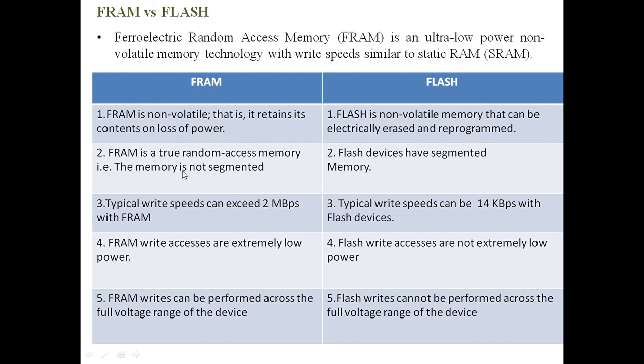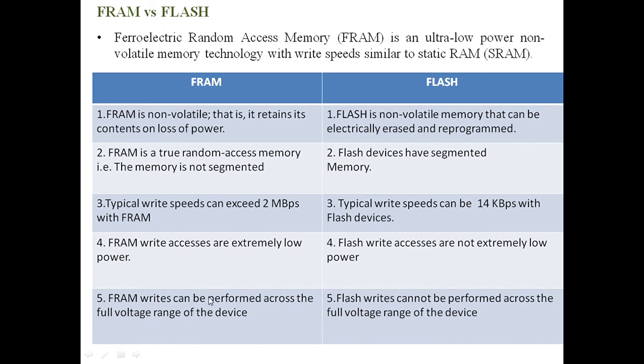Memory is not segmented in the FRAM, whereas memory is segmented in the flash memory. Writing speed is more than 2 Mbps in the case of FRAM. In the case of flash memory, writing speed is 14 kbps. Write access consumes low power in FRAM, while flash consumes somewhat more power.